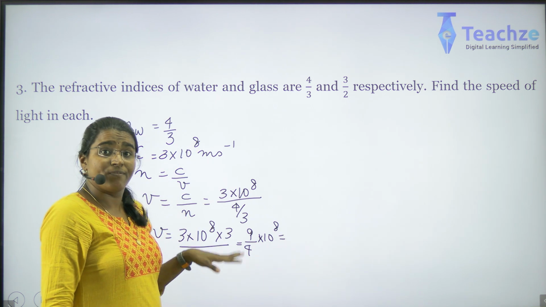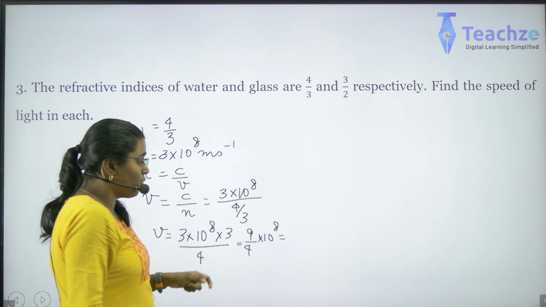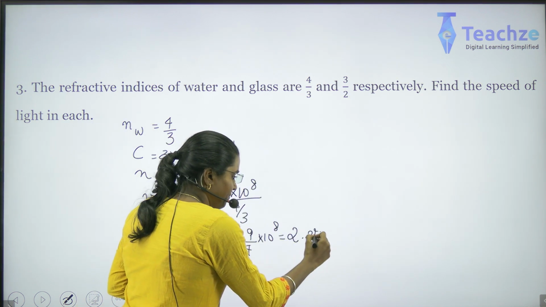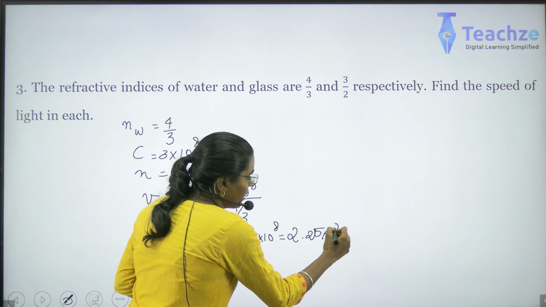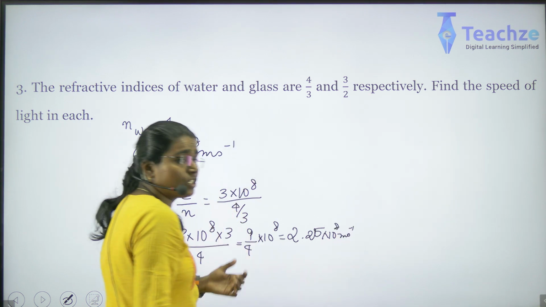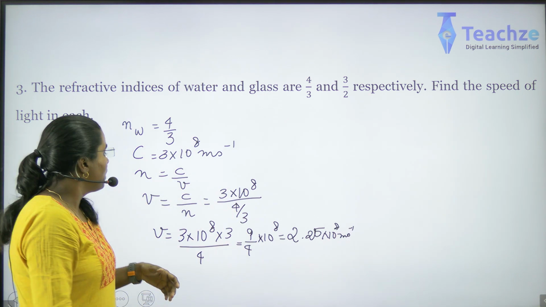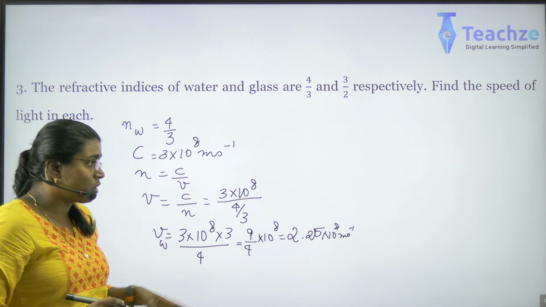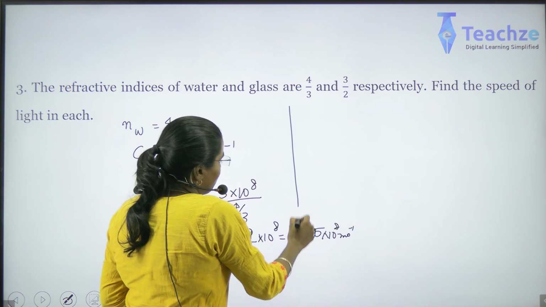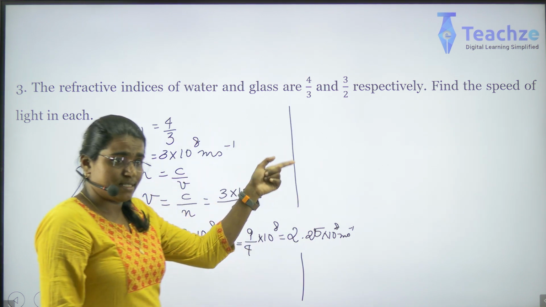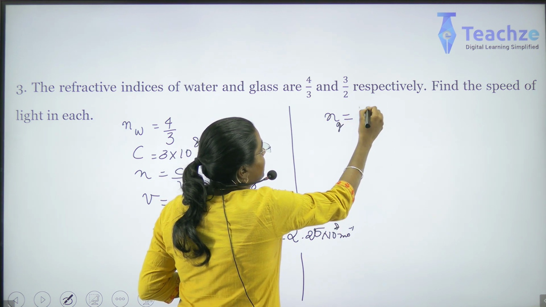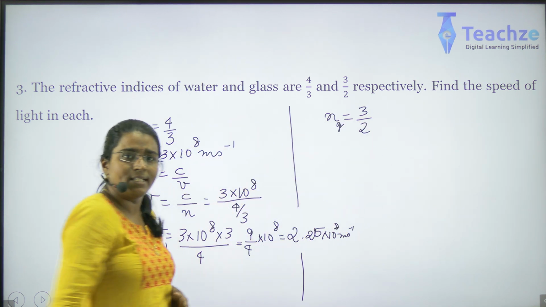Still you can reduce this 9 by 4 and it will be 2.25 into 10 power 8 meter per second. Very important, the units are very important. So this will be the velocity of light in water. Now, similarly, we'll do it for glass. N of glass will be equal to 3 by 2, right?